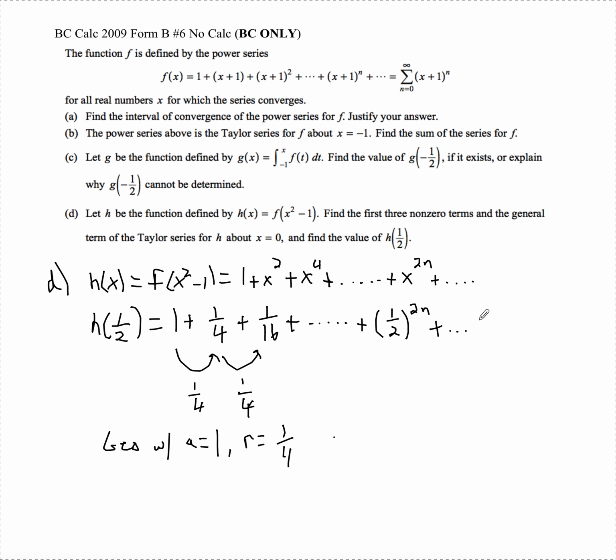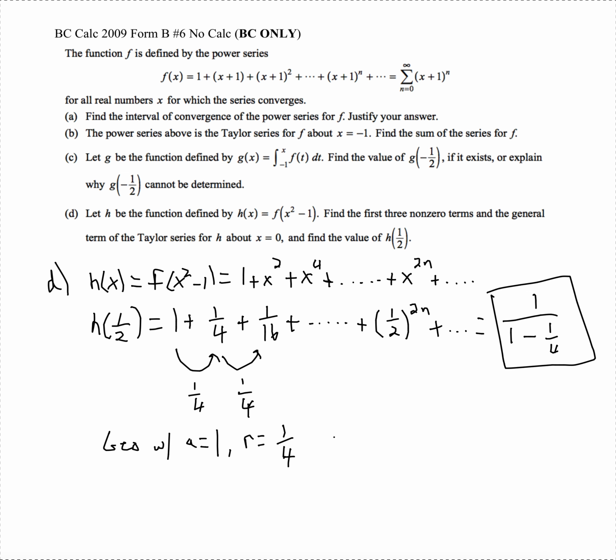Since it's geometric, it will converge, since the absolute value of r is less than 1, so it will converge to the sum I used earlier, the initial term, which is 1, over 1 minus r, which is 1/4, because I found we're multiplying by 1/4 each time to get up to the next level. So this is my value for h of 1/2. The exact value of h of 1/2, by plugging into this infinite series, is a geometric series, I identified r, and the initial term, it will sum to this. And I'm done. That's my last point.